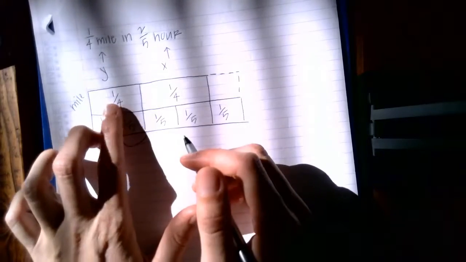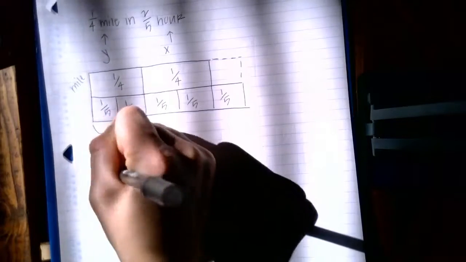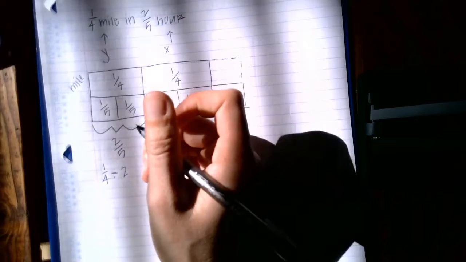And I know that in 2/5, so here's 2 more fifths, he can go 1/4 of a mile. Which means I need to find what this piece is, or what 1/5 is worth. Well, if 2/5 are worth 1/4, then I need to take and divide 1/4 into 2 pieces.